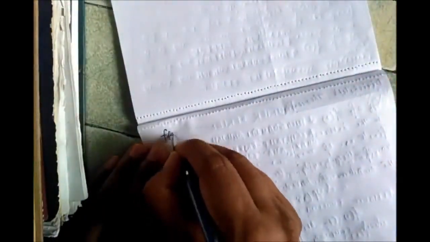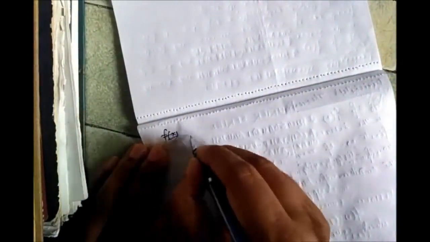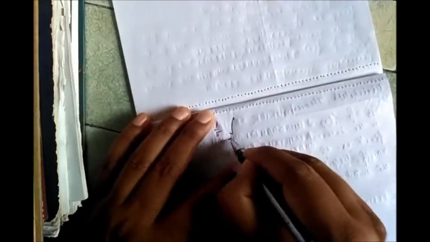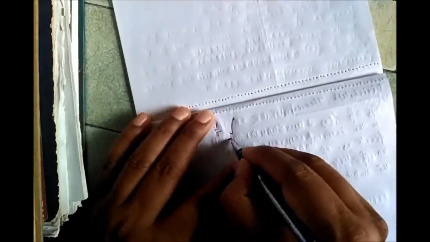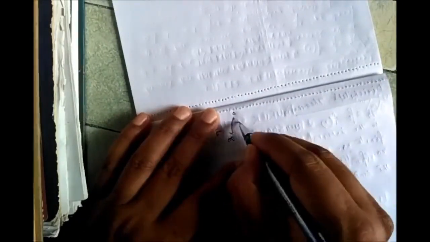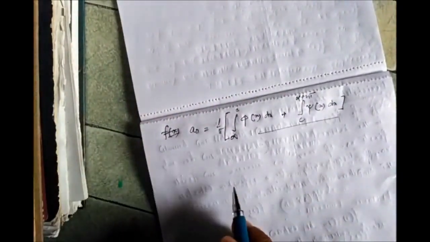So the ultimate form is a0 equal to 1 upon pi, integration alpha to c of phi(x) dx plus integration c to alpha plus twice pi of psi(x) dx. So this is the value of this a0.